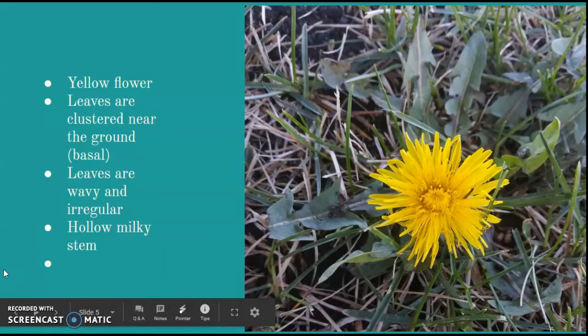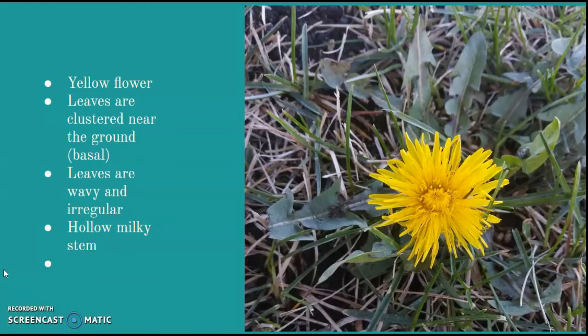Now, in my speaker's notes, I've got about, I would say, 4 paragraphs describing every single aspect of a dandelion, and that's just from the Illinois Wildflower info spreadsheet for dandelions. I'm just going to read you a section to describe how much information we look at when we identify a plant.